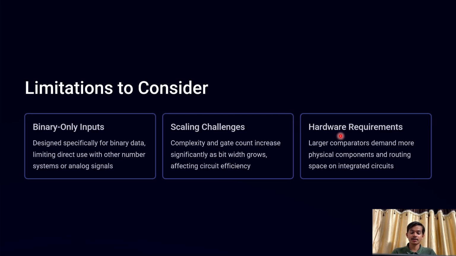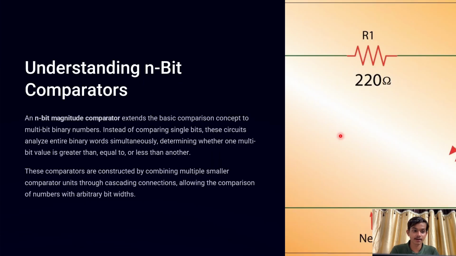Now let us understand how comparators work for larger binary numbers. An n-bit magnitude comparator extends the basic comparison concepts to multi-bit binary numbers. Instead of comparing single bits, these circuits analyze entire binary words simultaneously.